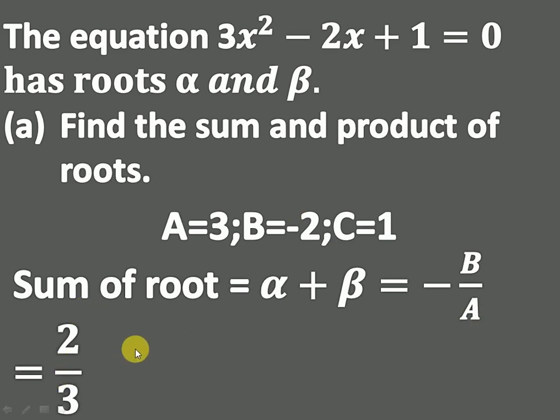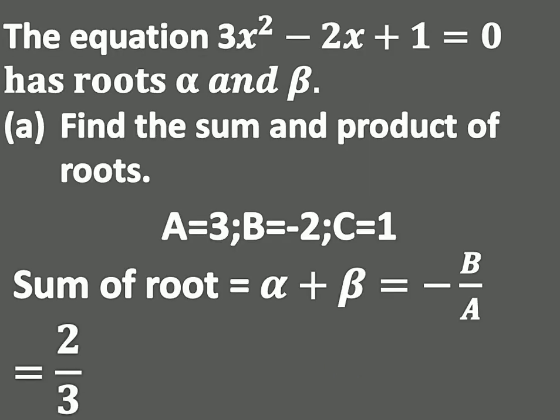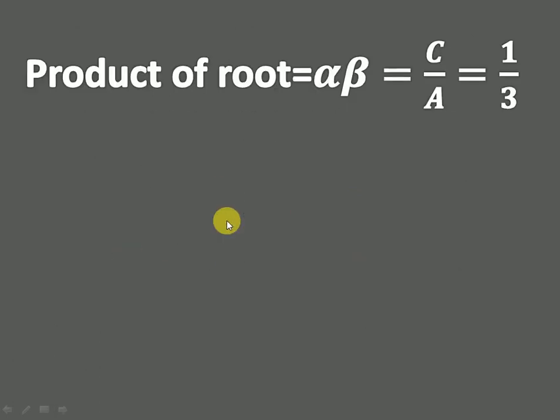Now, let me find the next part of the question, which is the product of roots. Product of roots is alpha beta, and if you recall correctly, it's c over a. In the question, my c is 1, my a is 3. As a result, my product of roots, c over a, is 1/3.